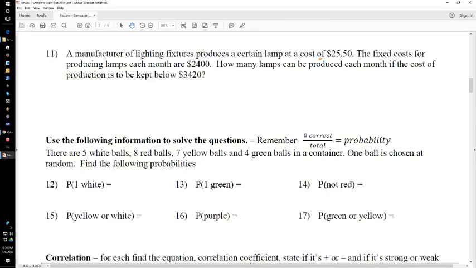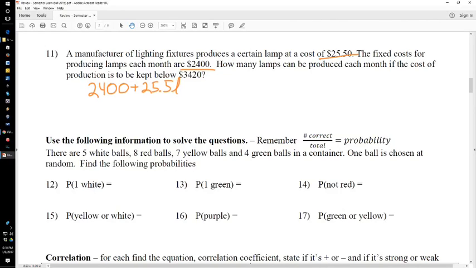We got a per lamp cost, and we got a fixed cost. So the fixed cost is $2,400. That only happens once. The other one is $25.50 per lamp. 25.5 for every lamp.